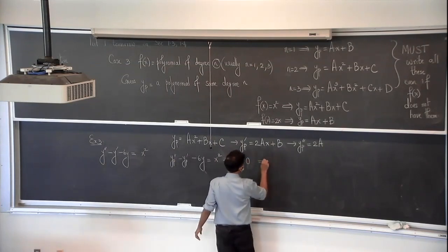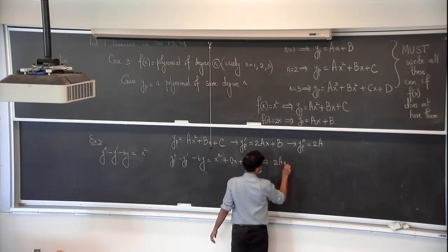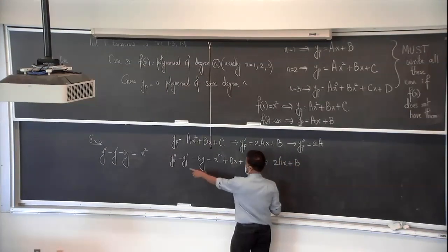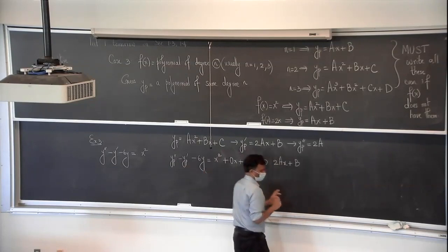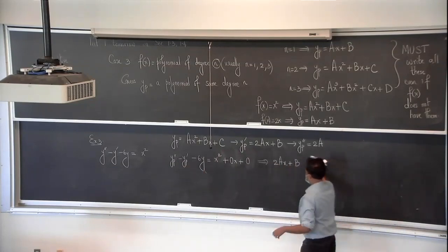That's going to be 2ax plus b, that is my yp double prime, minus yp prime. Oh, that's the wrong term.